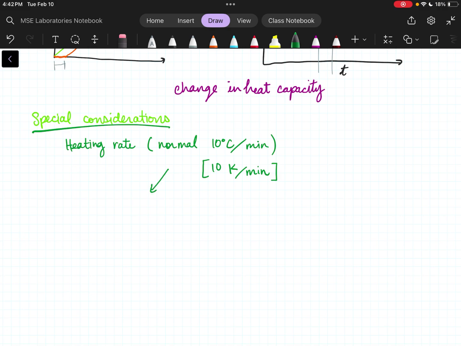So let's take our two options. I can go faster and I can go slower. If I go faster than 10 degrees per minute, I'm going to have severe thermal gradients.